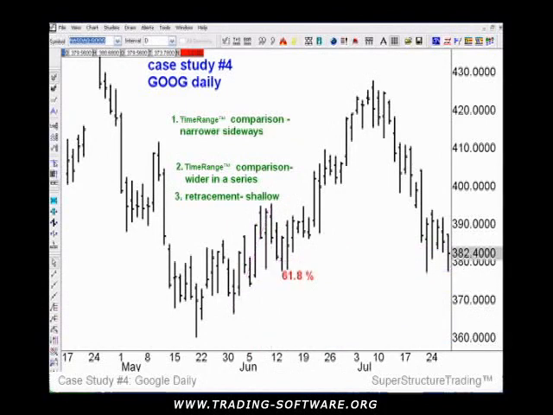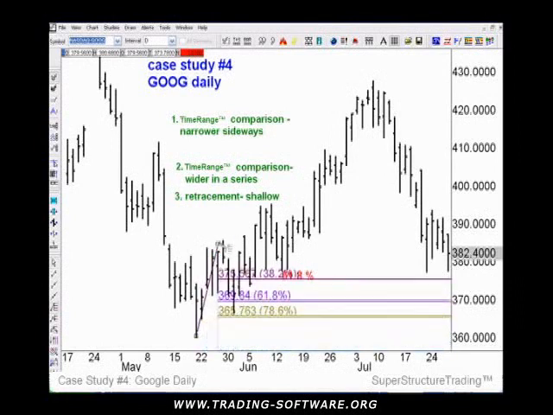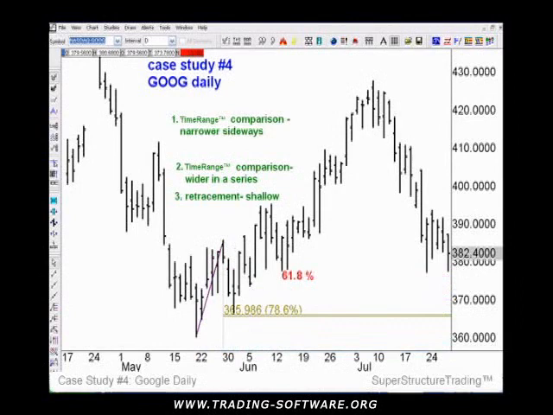Now let's take a look at this previous retracement right here against this thrust here. It's actually real close to the 78.6%. So the retracements are getting shallower as back-to-back measure moves start to form. And that's happening as time ranges get wider, as shown by number 2.